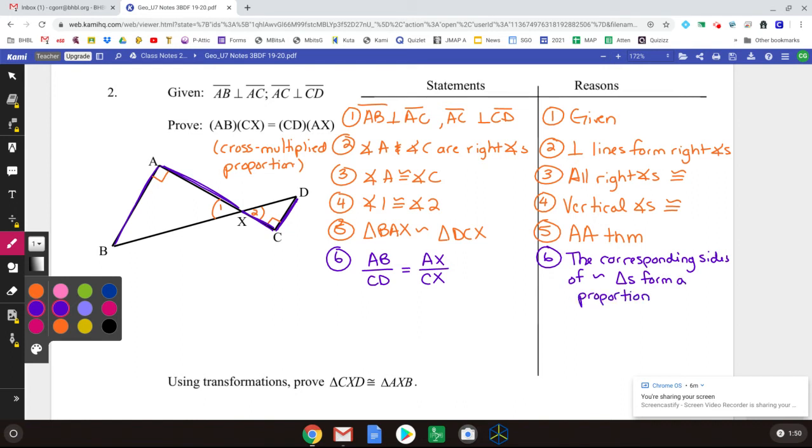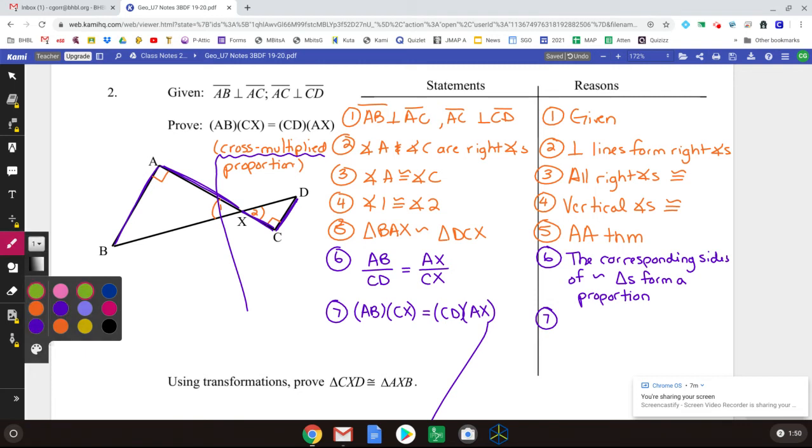Now, when we talked about these last class, we talked about, all right, well, how do we solve those if they had a variable in there? Well, we cross multiply. So we have AB times CX, which is equal to CD times AX. Now, it would be nice to say that we cross multiply, but unfortunately, I can't just use that verbiage.